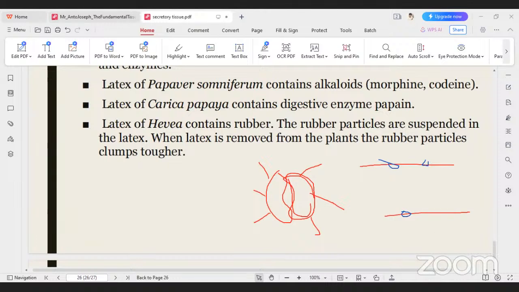That is called amphistomatic. The next one, hypostomatic, has stomata only in the lower epidermis, not the upper.